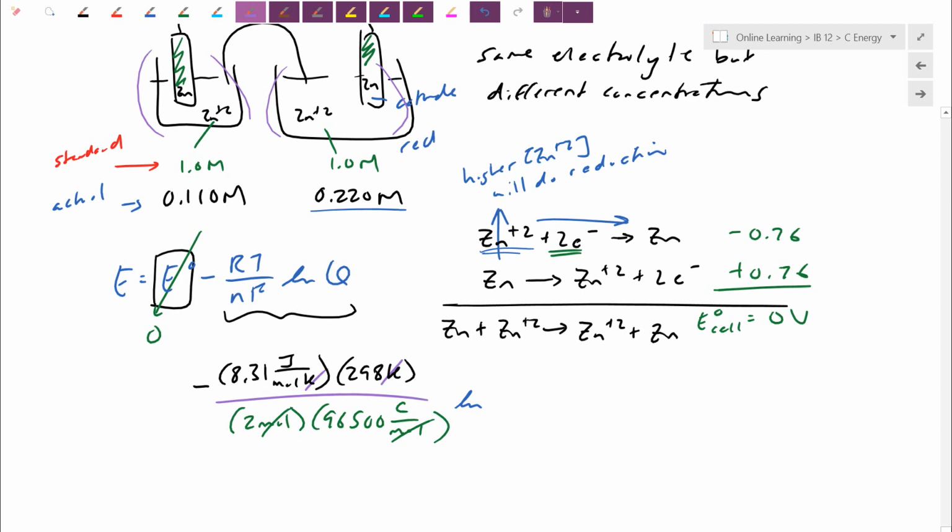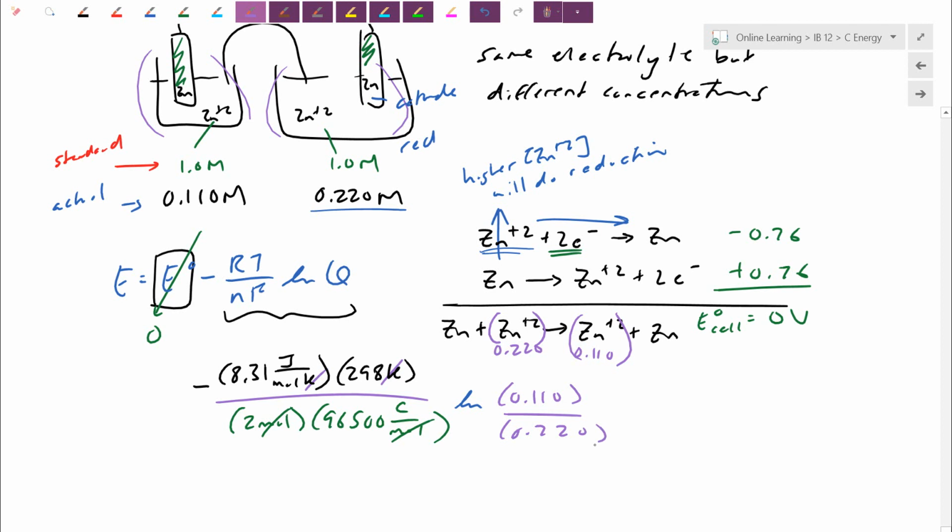So it's actually at different sides. But we're going to see that the reduction, where I'm going to put the 0.22, the 0.22 will actually be the higher one that's doing the reduction. So this is 0.220, whereas this one here is the 0.110. So when I try to do the ln Q, it's going to be 0.110 divided by 0.220.